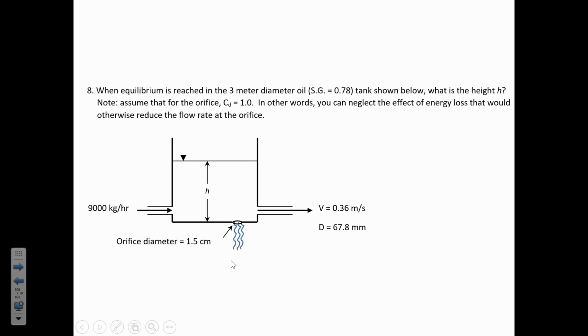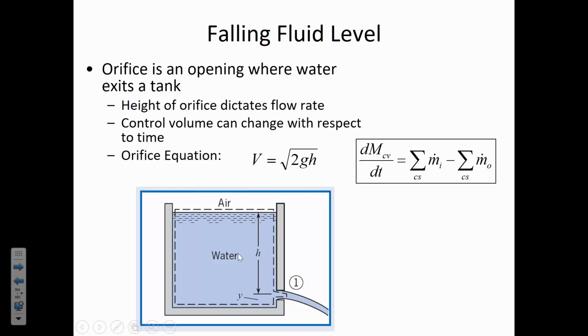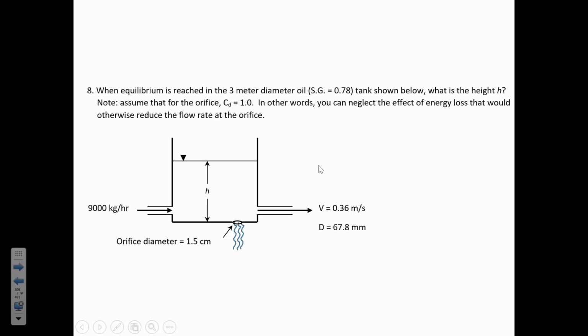But then there's also an orifice, and a jet of the fluid is draining out of the bottom of the tank, and of course that velocity of the jet is going to be dependent on the orifice equation, square root of 2gh.